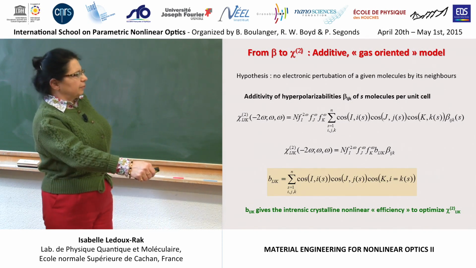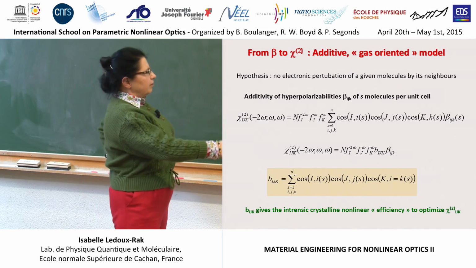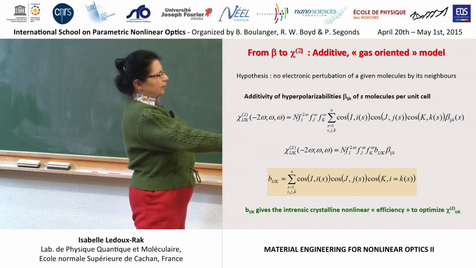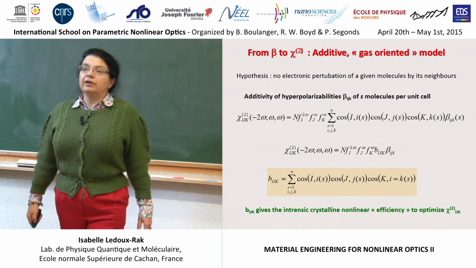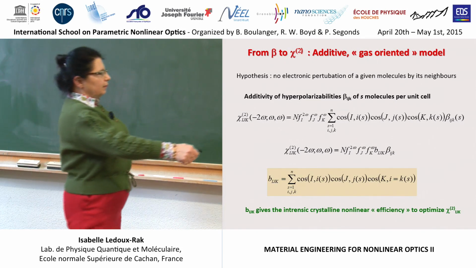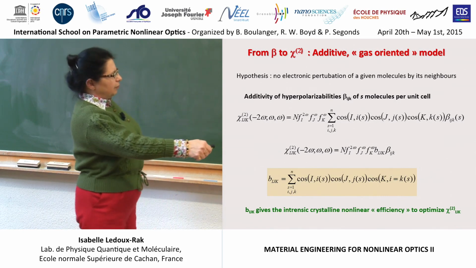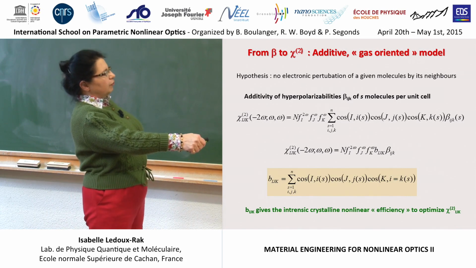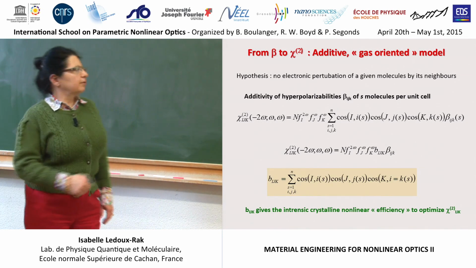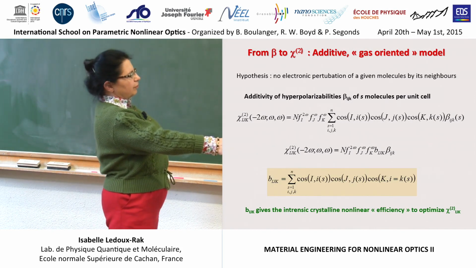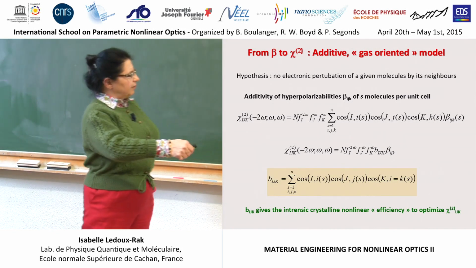And the most important point is the description of Chi2 as a function of a sum of the contribution of each beta component, weighted by the projection between microscopic and macroscopic axes, the direction cosines, which is the product of these axes.